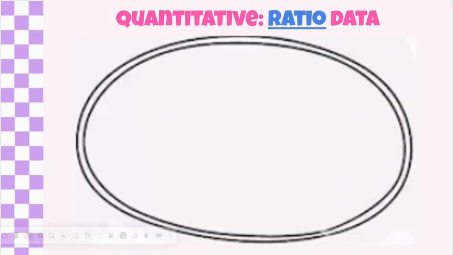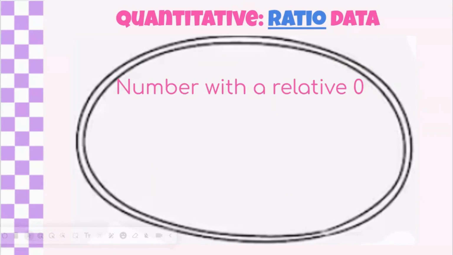On the other side, we have our quantitative data, which is our numerical data. And there are two different types of quantitative data. There's something called ratio data, and it has a relative zero. So what does a relative zero mean? When you have something with a relative zero, it means that when you have zero of that thing, it does not exist.